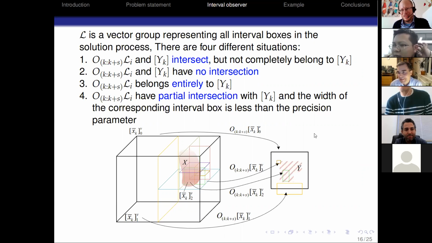Do you understand me? There exists such a concept, group representation. Do you know it? The first line of your text has obvious allusions with terminology in pure mathematics: L is a vector group representing all interval boxes. So I would suggest changing the term group to something like set, family, or something like this.